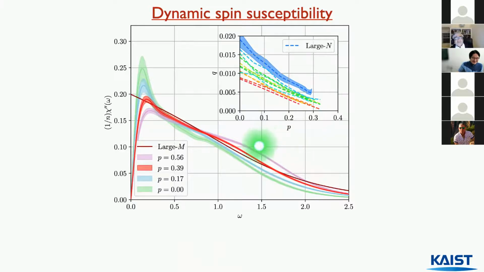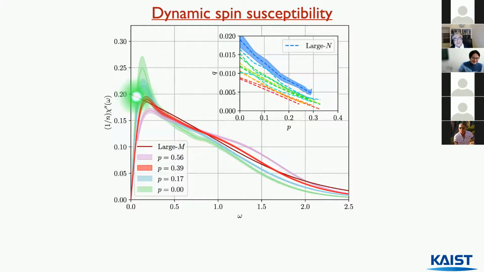Okay, so let's look at this dynamic spin susceptibility. So this peak here, I said, was the spin glass order. And as you increase p, let's look at, say, near the critical point, which is the red line here, this line over here. It's got kind of a step function and then something that goes down linearly.